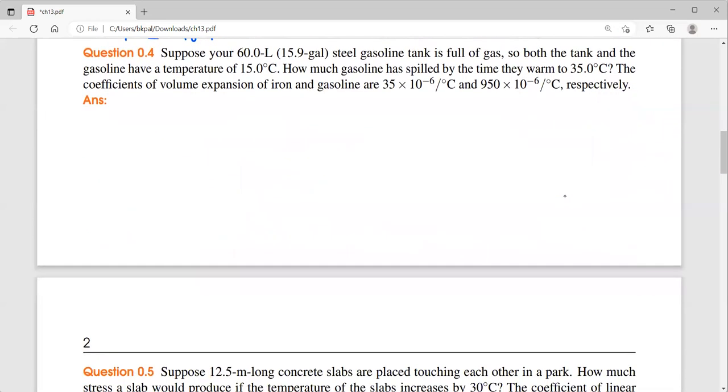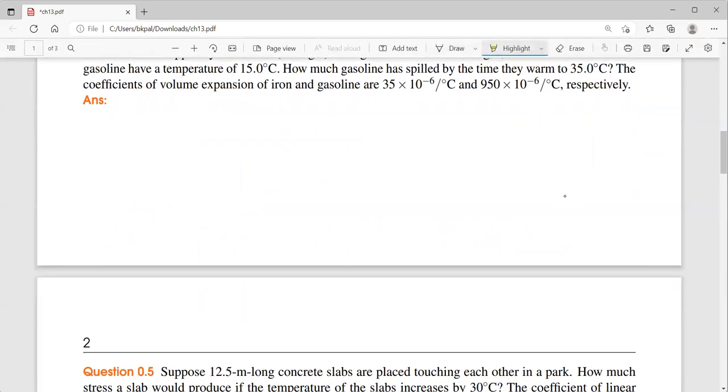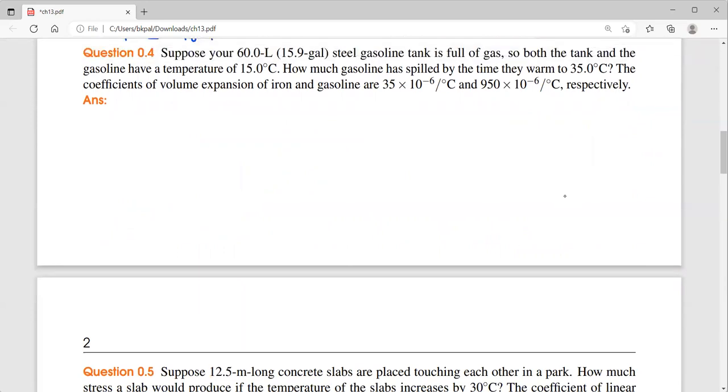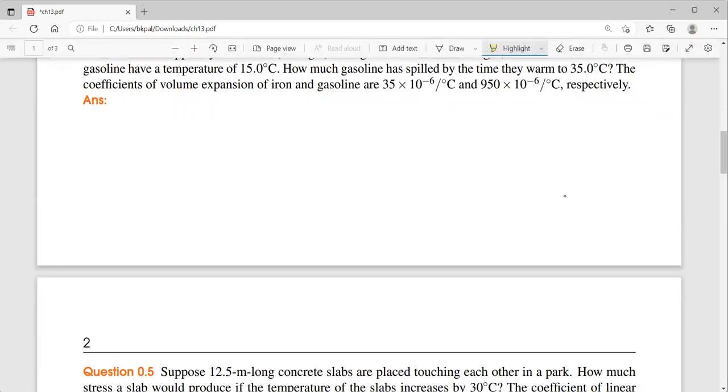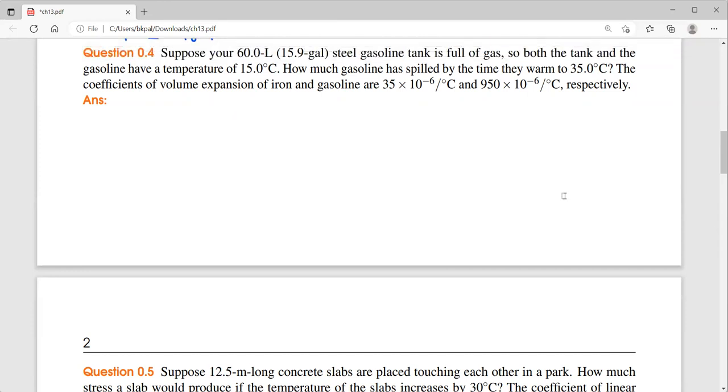This one is a volume expansion problem. Let's see what we are given and what we have to calculate. We are given some initial volume.